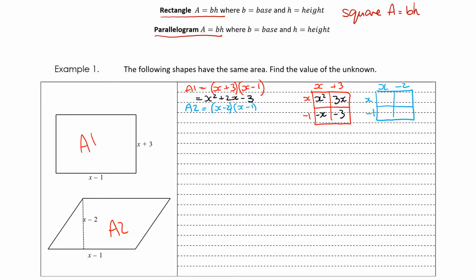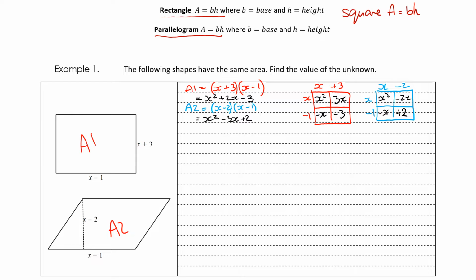X times x is x squared. X times negative 2 is negative 2x. X times negative 1 is negative x. And negative 1 times negative 2 is positive 2. So area 2 is going to be x squared minus 3x plus 2.